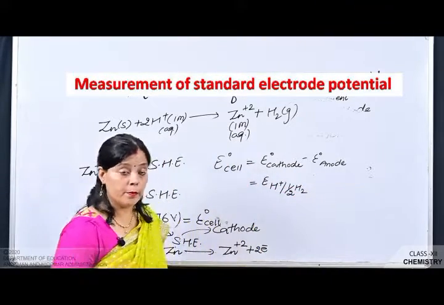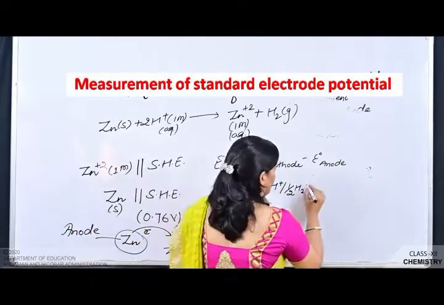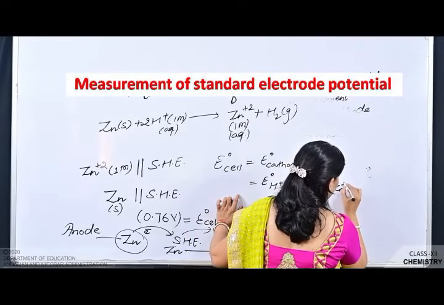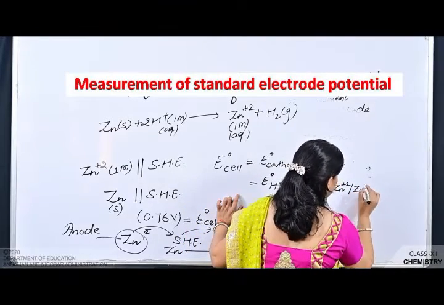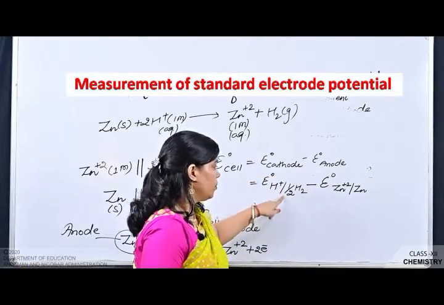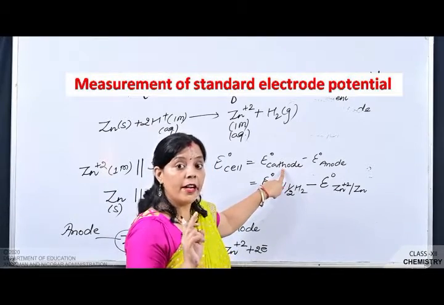This is the reduction reaction that is taking place at the cathode, and minus the anodic reaction, that is Zn2+ converted into Zn. Because the electrode potential is always written as the reduction potential.